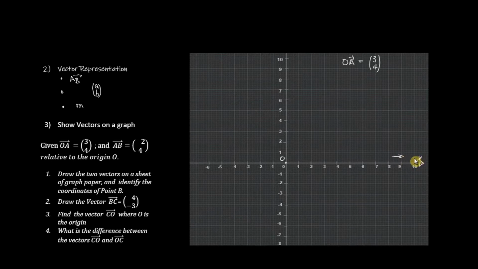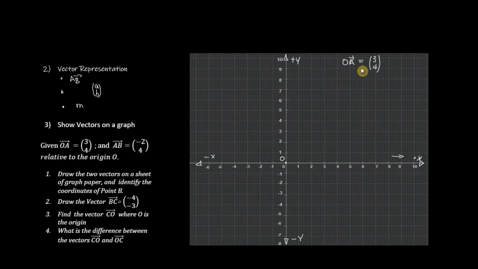If we are going up, we call it positive y. If we are going down, we call that negative y. And if we are going to the left, we call that negative x. That is our sign convention for two-dimensional coordinate geometry.